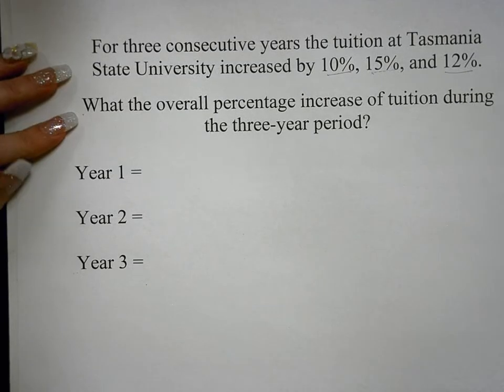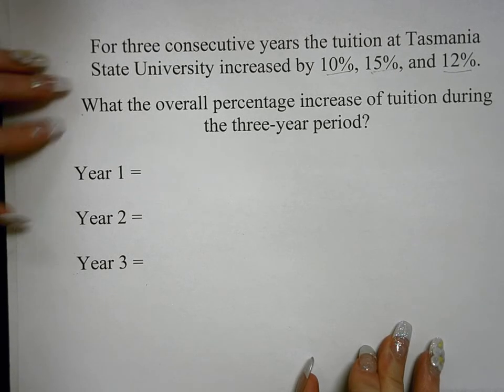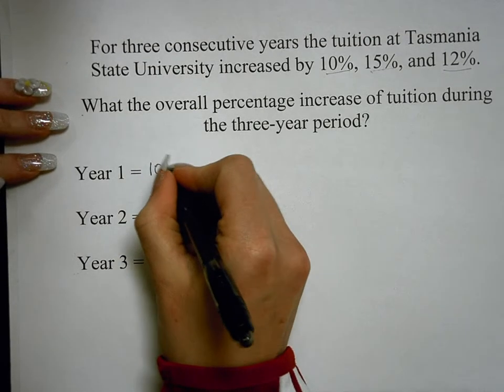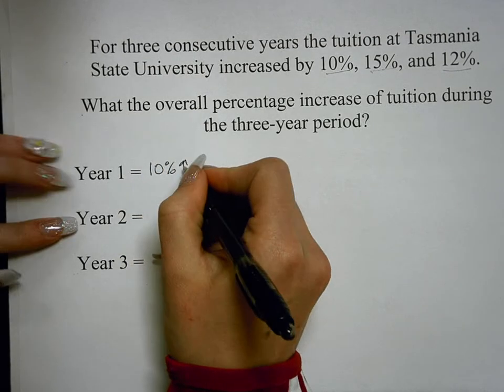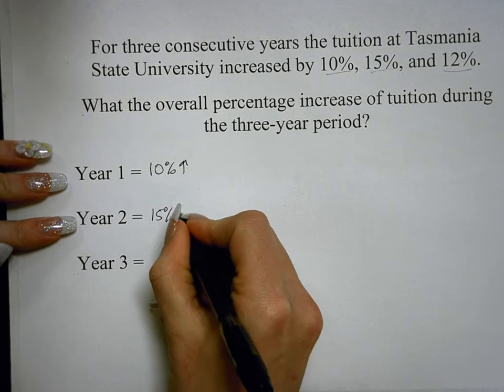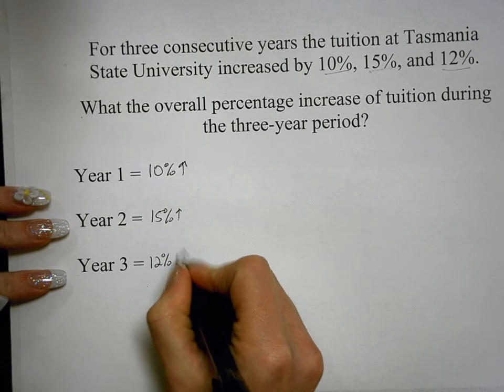Now, the question is asking us, what is the overall percentage increase of tuition during the 3-year period? Well, it was increased by 10% the first year. The second year, it was increased by 15%. And then the third year, it was increased by 12%.